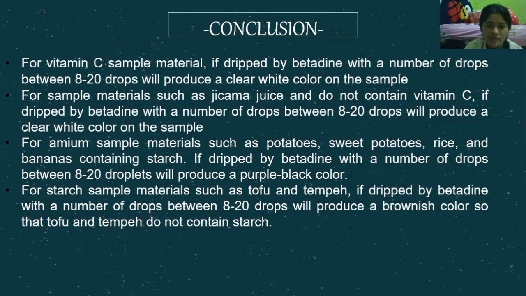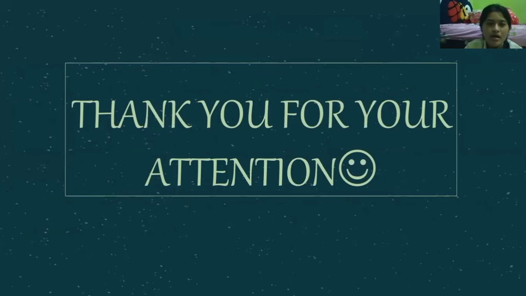For sample materials such as tofu and tempeh, if dropped with betadine with a number of drops between 8 and 20, they will produce a brownish color, so tofu and tempeh do not contain starch. I give to the moderator.